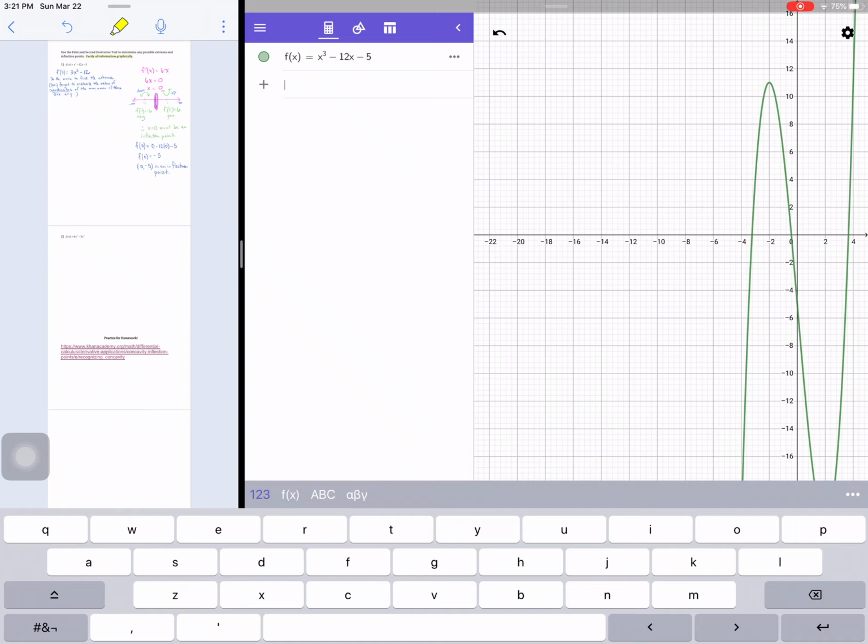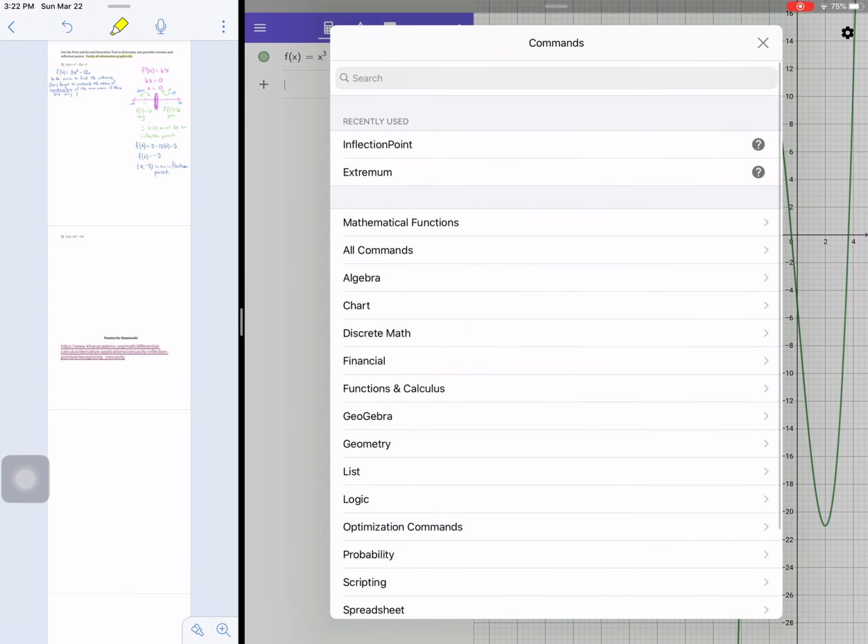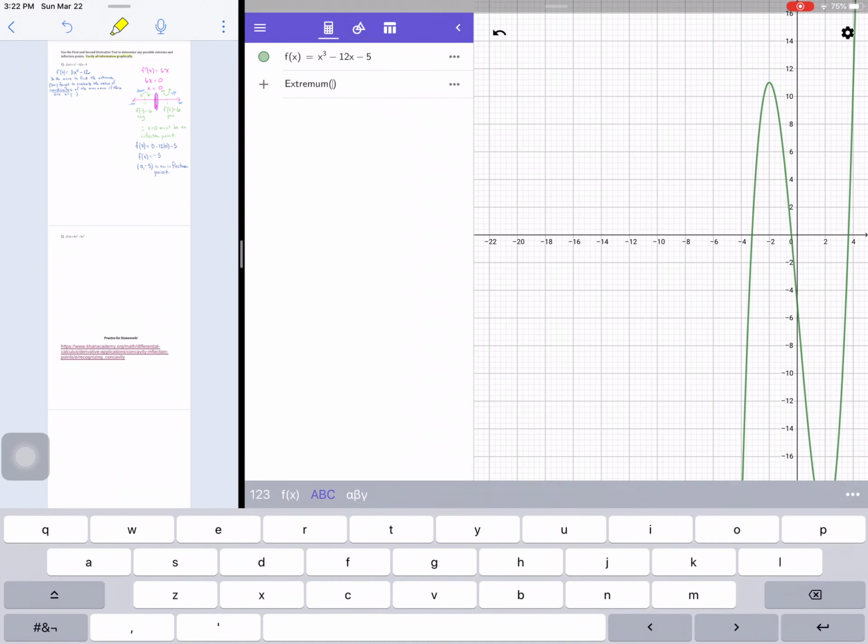When I'm in input, ready to input something, you hit the three dots in the bottom left of the top of your input section of the calculator, and the commands come up. We really haven't used them yet this year. You might have used them last year, I'm not sure, but let's check our extremum, which you calculated during the pause.